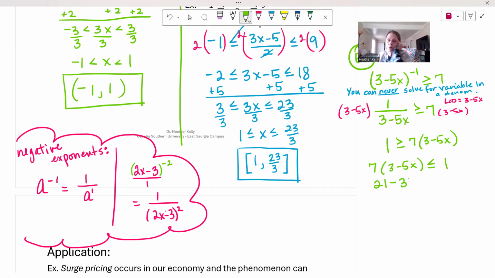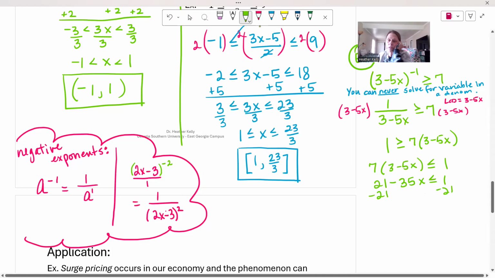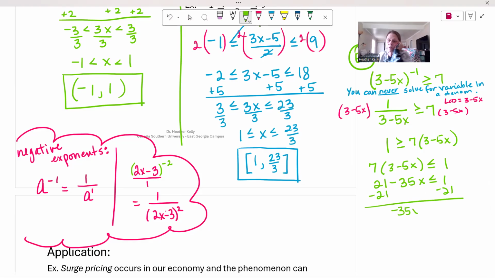21 minus 35x less than or equal to 1. Subtracting the 21 from both sides, we get negative 35x less than or equal to negative 20, dividing by the negative 35.